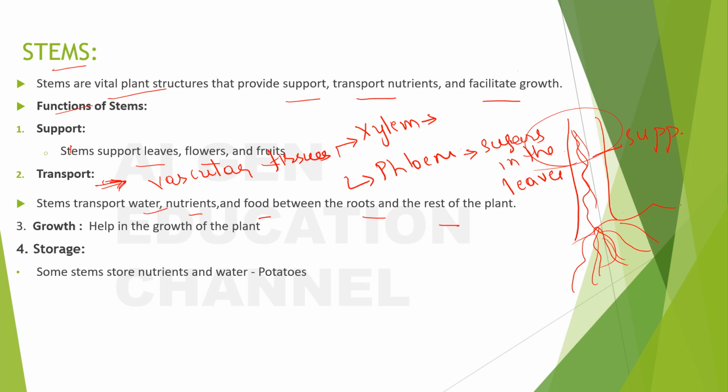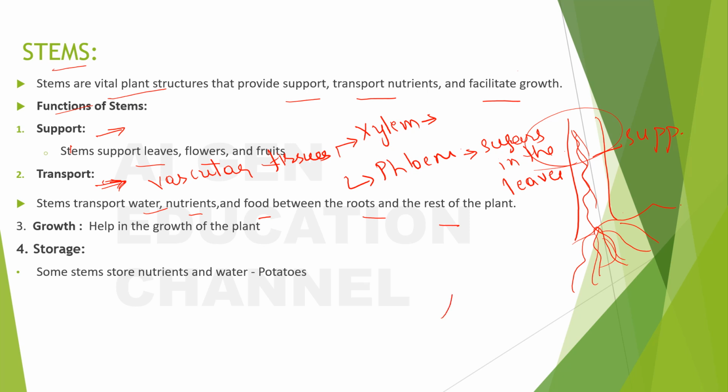And about the support, apart from this, what the stems do is, like you all know, for photosynthesis we want the light, right? So to maximize the capture of light, the stems are very useful. What does it mean?